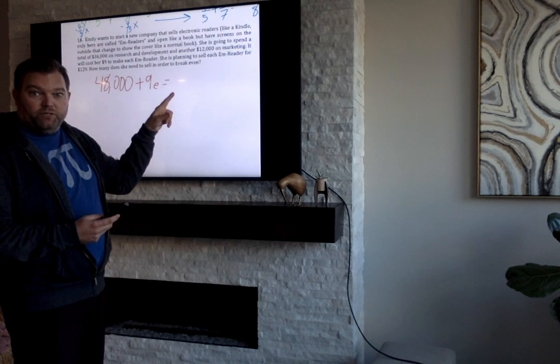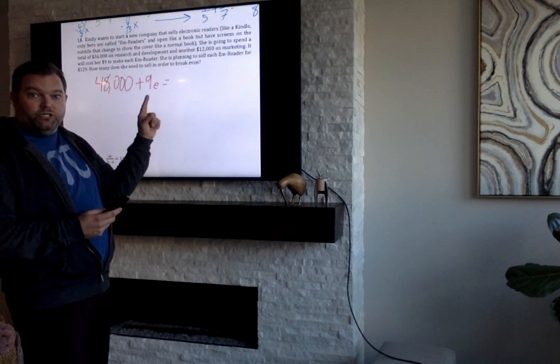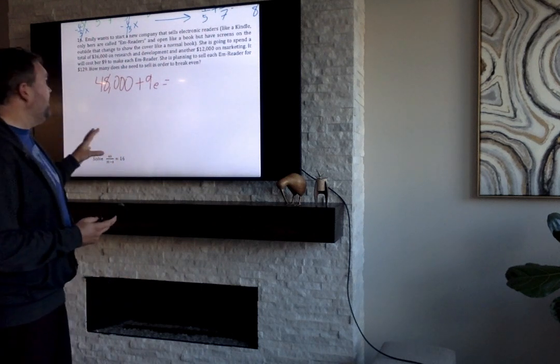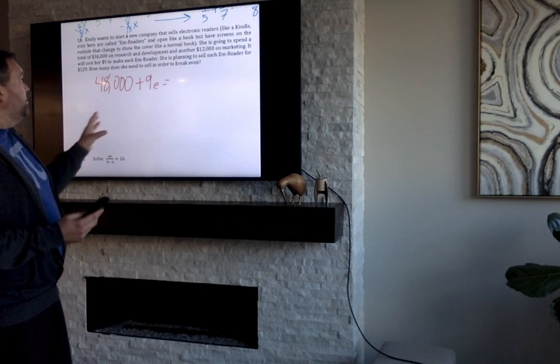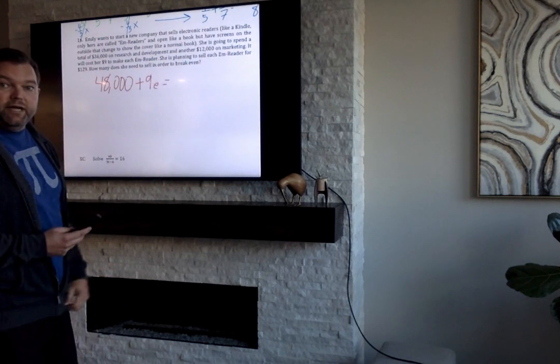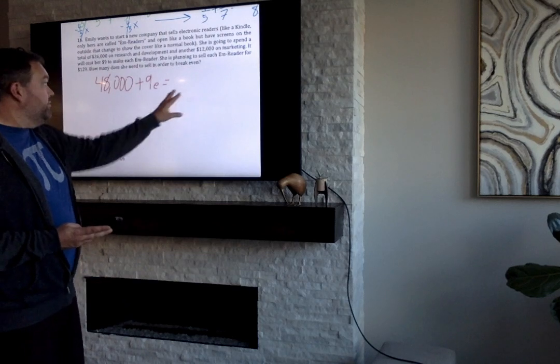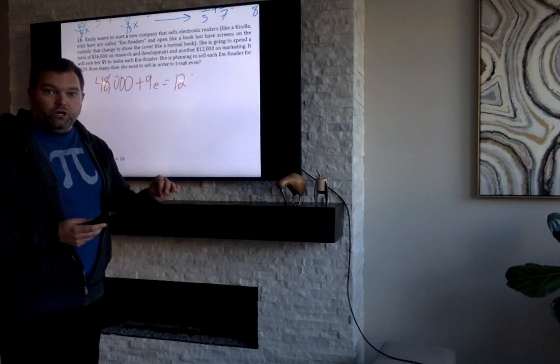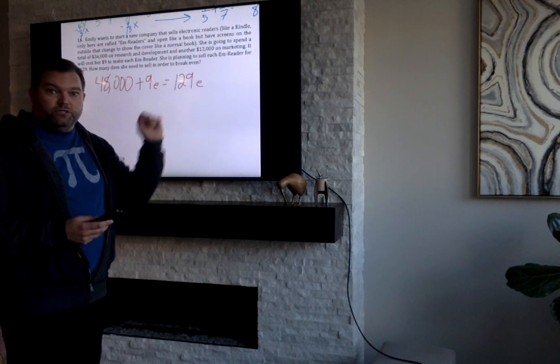So breaking even, we said, is when your cost, what she spends, equals the money she makes. Does it say in here how much she makes? She's planning to sell each M reader for $129. So the other side should be $129 per e-reader, which is E.